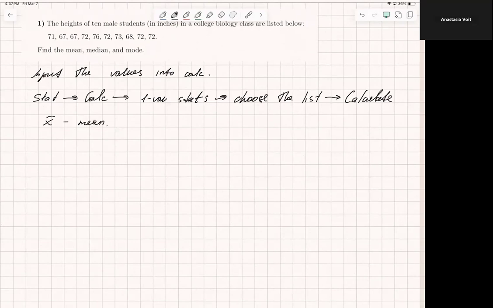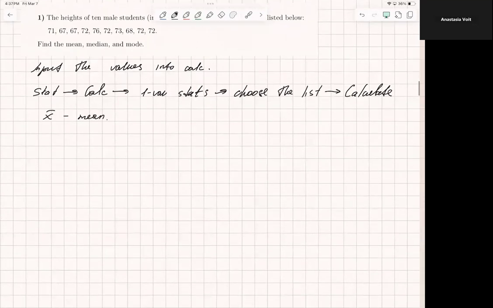If you want to calculate it manually, again, we have a sum of all the x's, or all the values divided by the number of those values. So we have 71 plus 67 plus 67 again, plus all of the values in between, plus 72 plus 72, right?